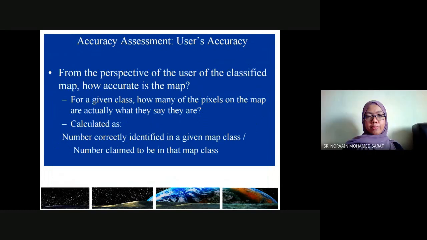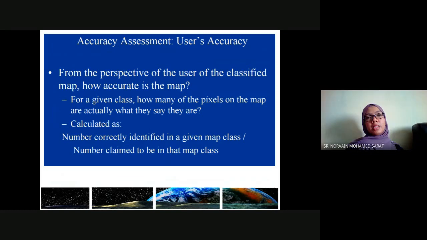Okay, from the perspective of the user of the classified map, how accurate is the map? For a given class, how many of the pixels on the map are actually what they say they are? It can be calculated as number correctly identified in a given map class divided by number claimed to be in that map class.